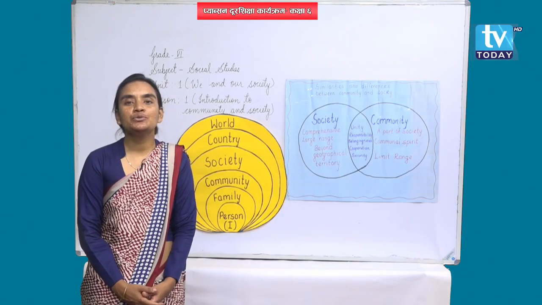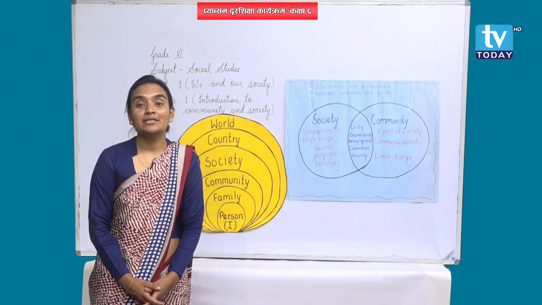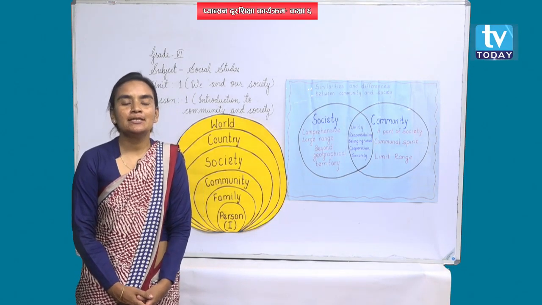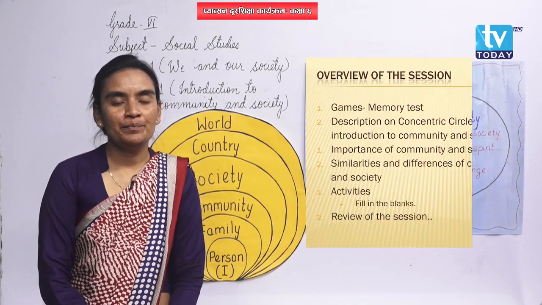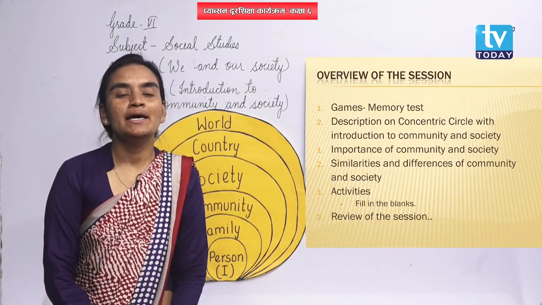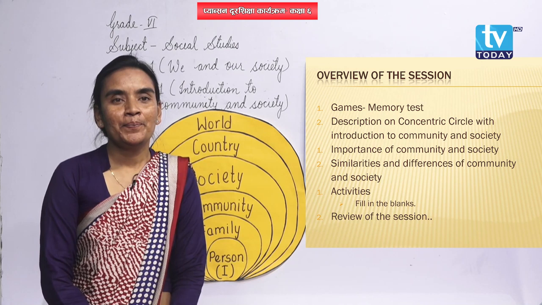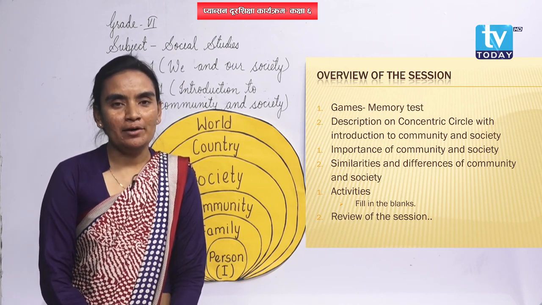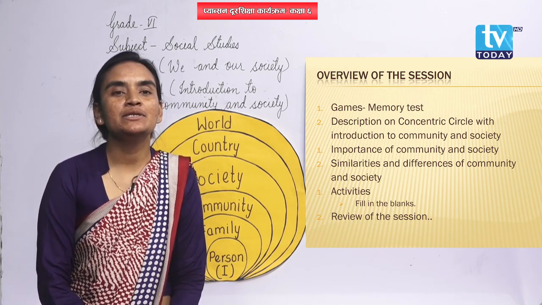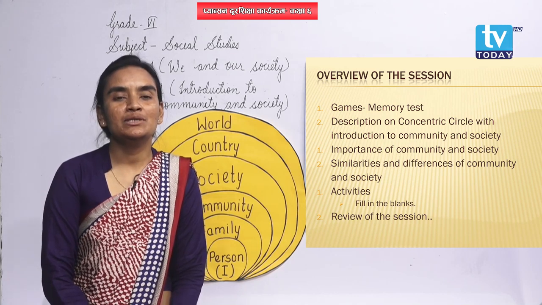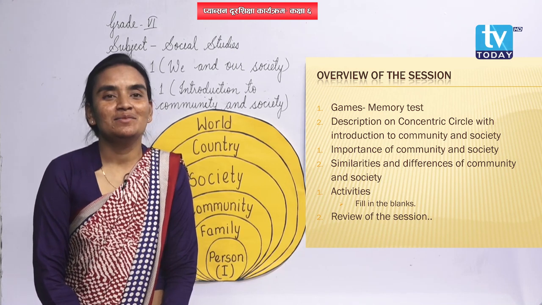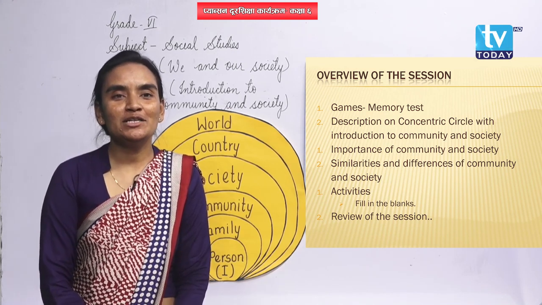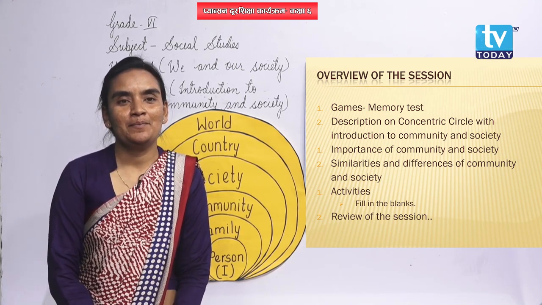Before going to the introduction and the discussions of today's class, we just have to go to the overview. What are we going to do in this session today? The first one, related to the lesson, we are going to play a game. The game will obviously be interesting to every one of us.